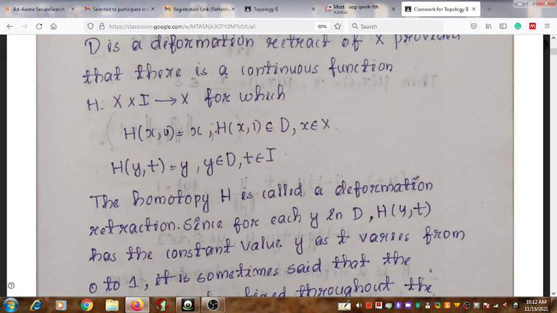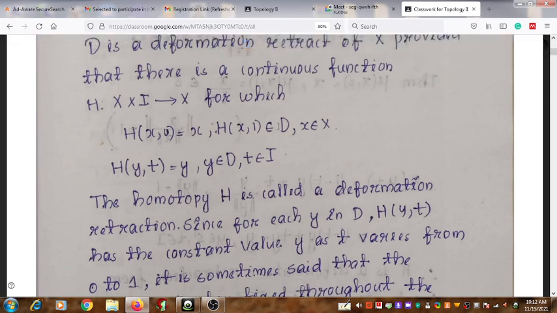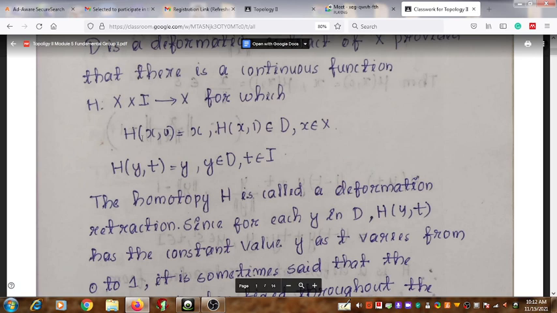In a similar way, when the second coordinate position value is 1, it maps to the entire subspace D. For every x in X, these two conditions are satisfied.